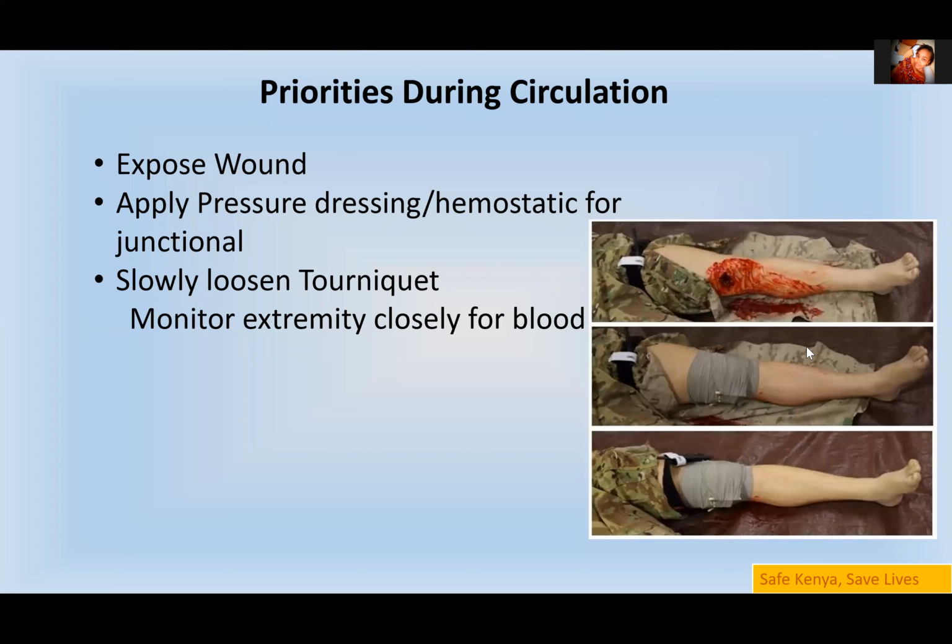Or if we can control that bleeding using a pressure dressing, that's another thing that we want to use. So pressure dressing is just taking the Kerlix or the gauze or any type of special gauze that they have that may have hemostatic agents in it that stops the bleeding, and packing it into that wound to stop that bleeding, create a clot.